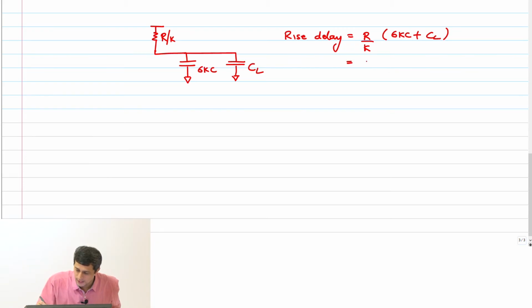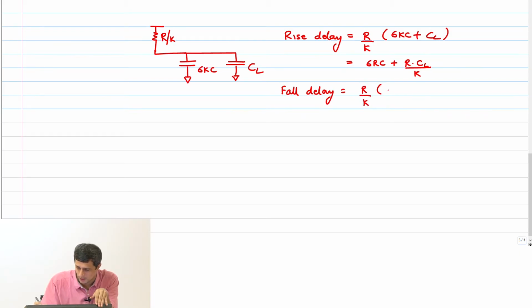This I can further simplify as 6RC plus R into CL by k. Okay. So now what does this tell us? And similarly, fall delay will be no different, by the way. Will also be just R by k into 6kC plus CL, no different, plus R by k into CL.